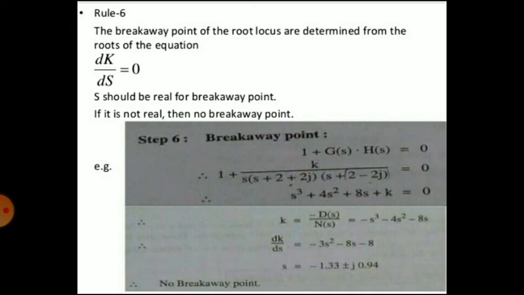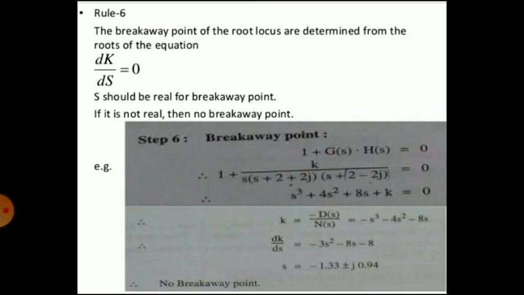Then rule number 6, that is the breakaway point. The breakaway point is a point on a root locus where multiple roots of the characteristic equation occur for a particular value of k. The root locus branches always leave breakaway points at an angle of plus or minus 180 degree upon n, where n is the number of branches approaching the breakaway point.